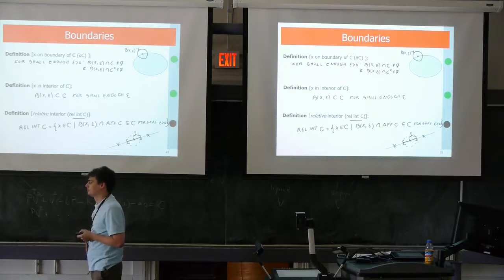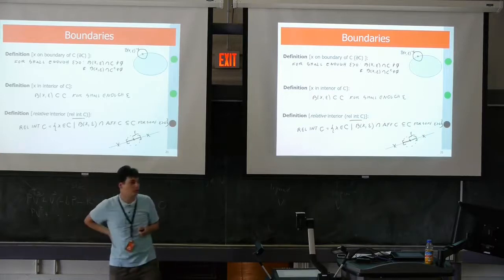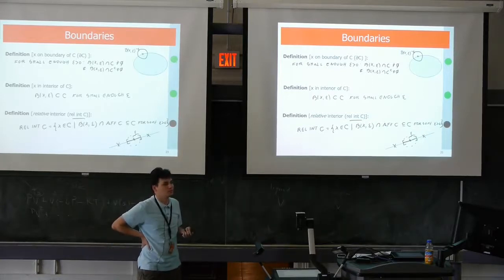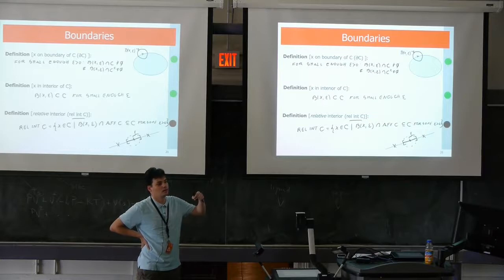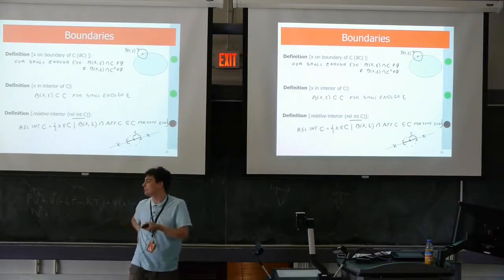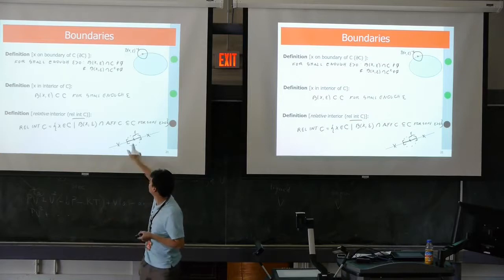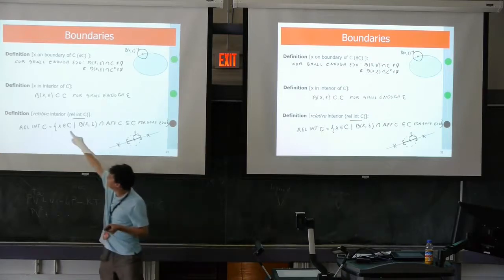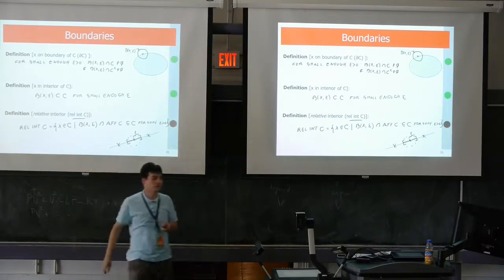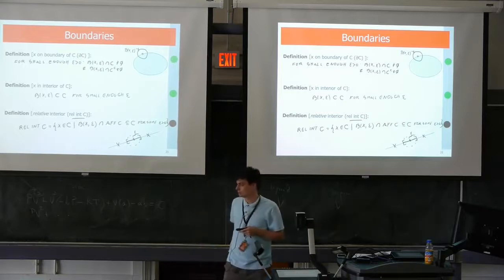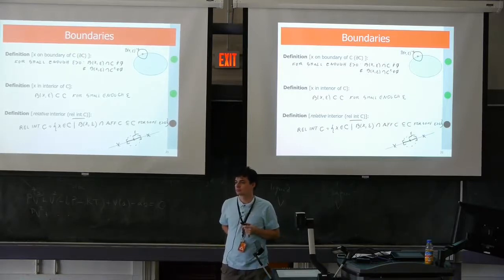Actually, it always contains x, that's true, because epsilon is a positive number, right? So you choose a point x in C. Yeah, good point. Okay.